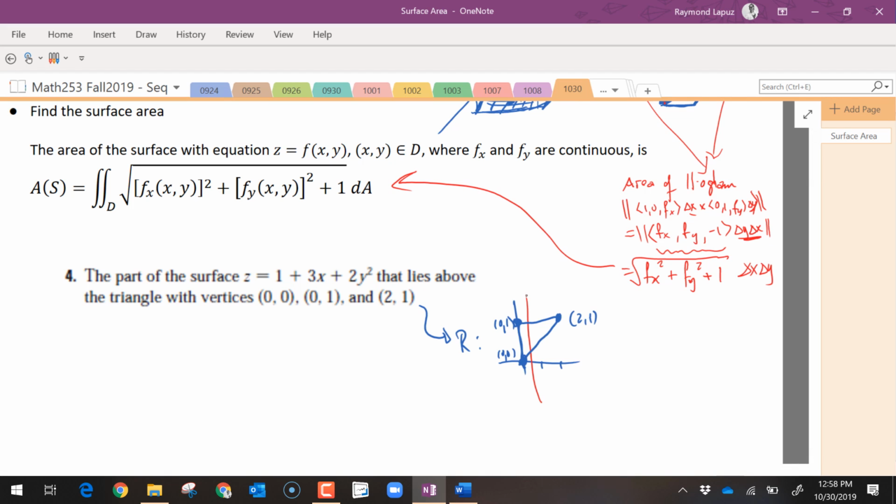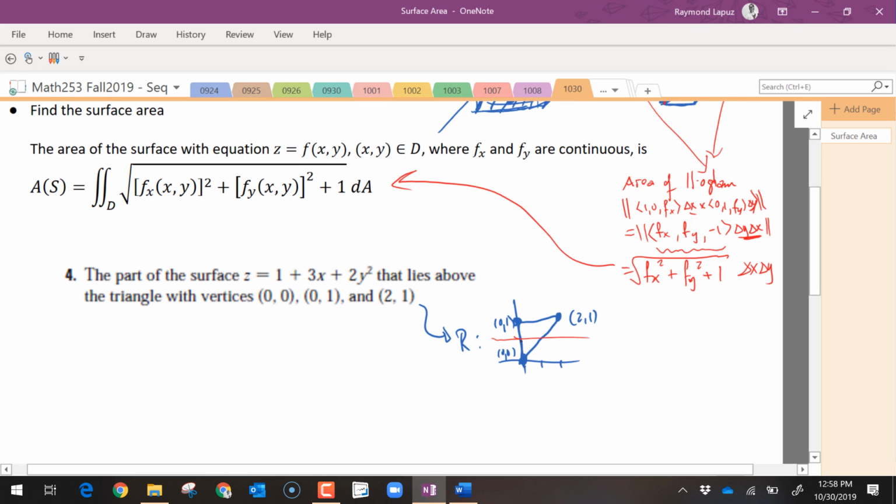But if we integrate with respect to x first, we're going to go in at 0, which might be an advantage. I think either way would be just as easy probably, but I'm going to take advantage of the fact that if I integrate with respect to x first, drawing a line parallel to the x-axis, my lower limit is going to be 0, and that could be helpful.